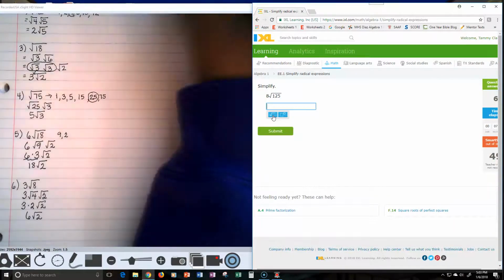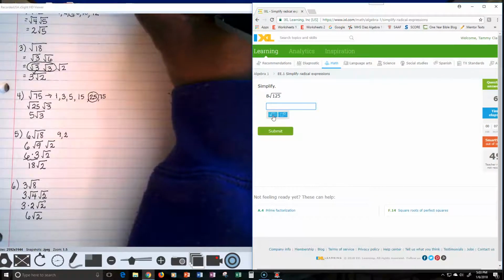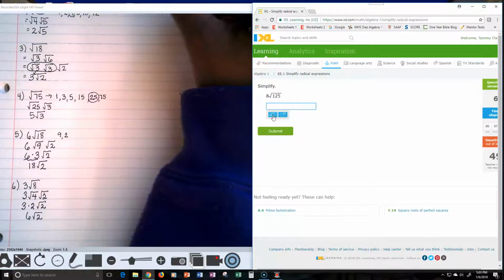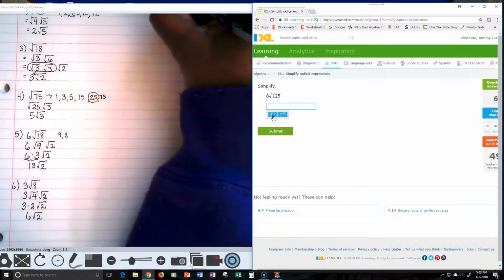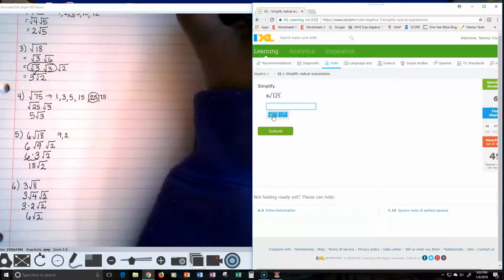Let's look at 7. It's 8 times the square root of 125. Well, let's see. We have 8, and I think 25 would be the highest, and that would be 25 times 5.